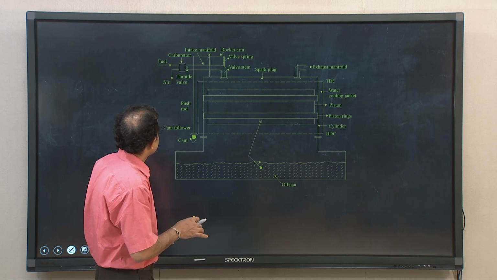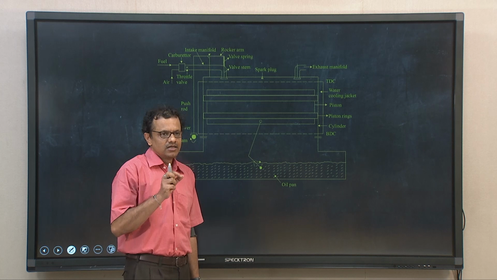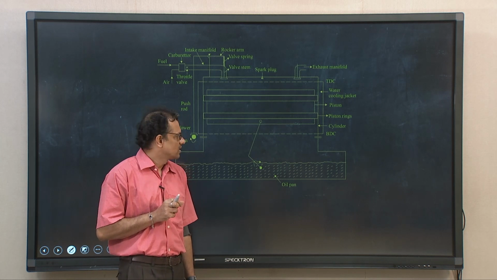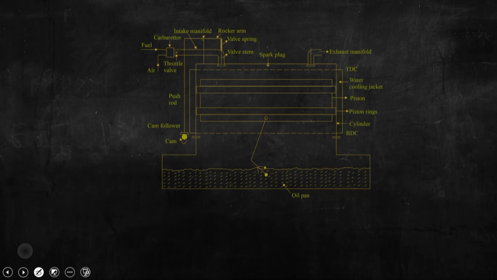You can see that this schematic depiction is specific to a spark ignition engine, because you can see the spark plug shown over here. The spark plug is an essential component for SI engines, and starting with the spark plug, we can have several subsystems of an engine.